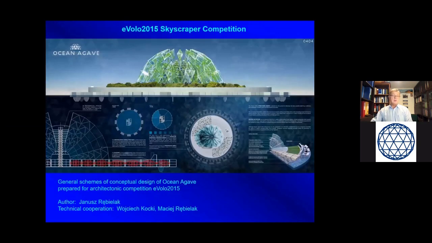I have proposed the system again as the base structure of an artificial island in the conceptual design entitled Ocean Agave, prepared for another edition of the series of architectonic competitions.